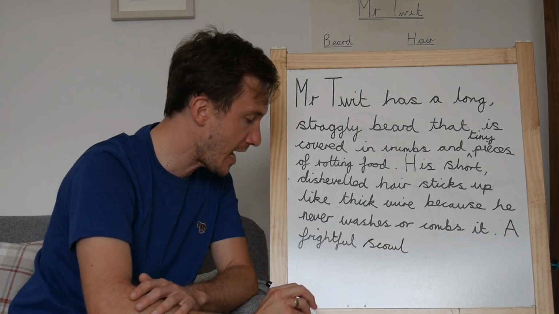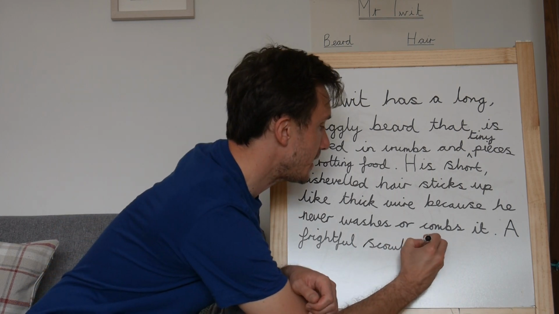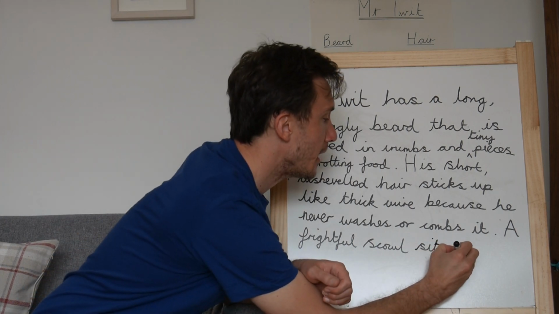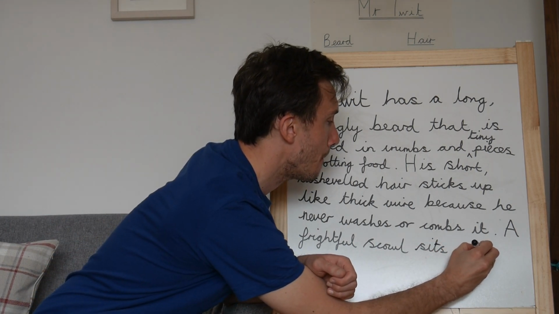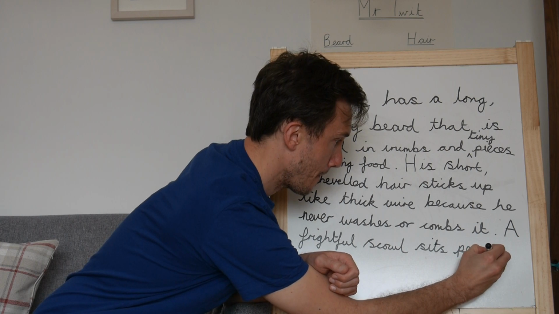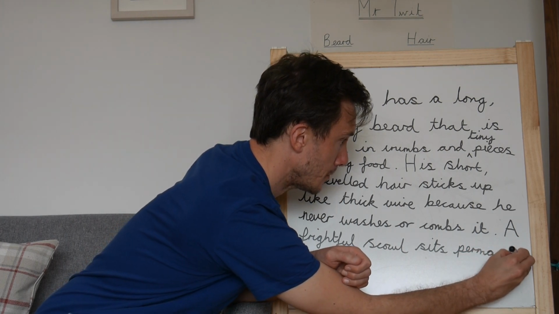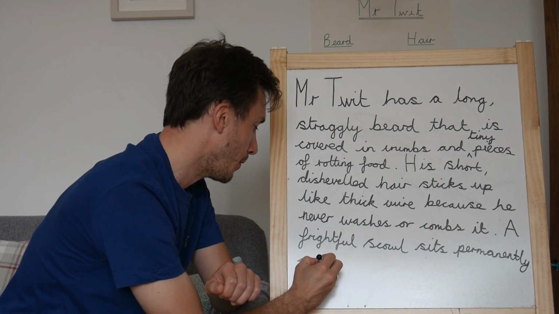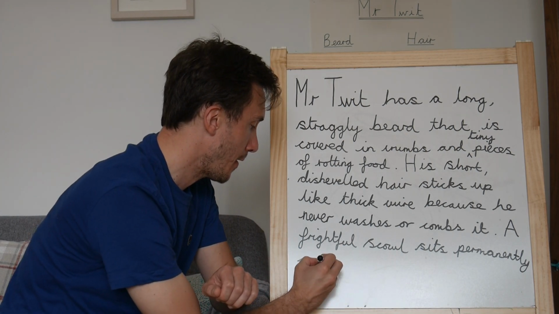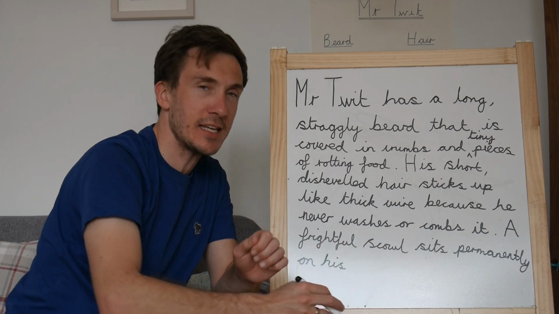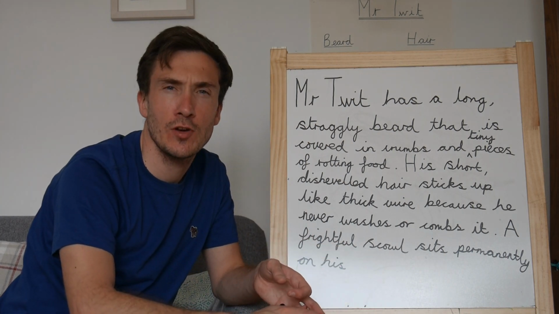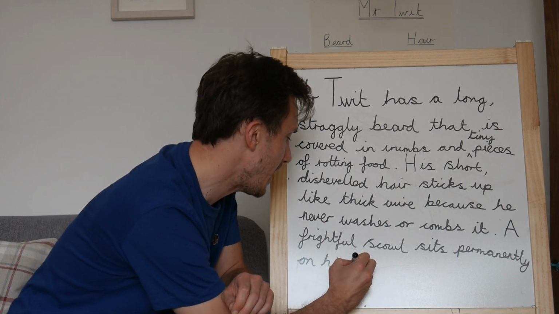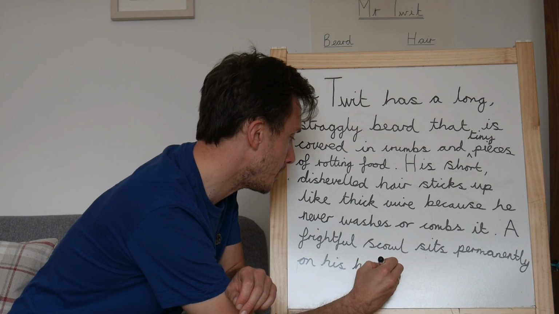A frightful scowl sits permanently on his, I'm going to say his face, but I think I might describe his face. I think I would describe his face as hideous. His hideous face.